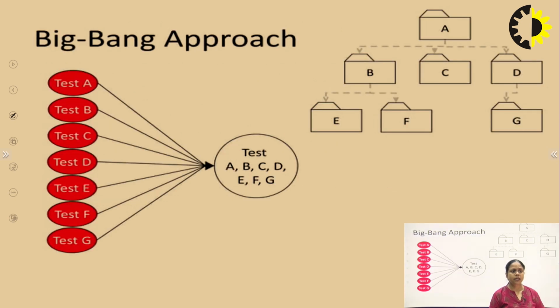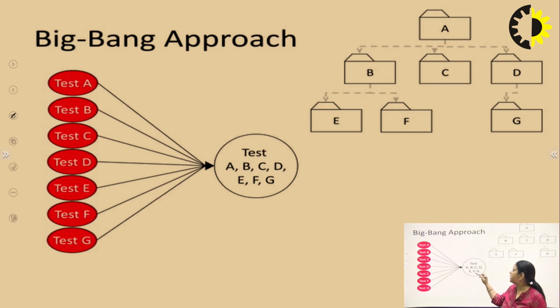For example, you can see here the different modules A, B, C, D, E, F, G. When we have developed all the modules, then we will start to test them. A, B, and C were already tested in unit or component testing, and then we test all the modules simultaneously.